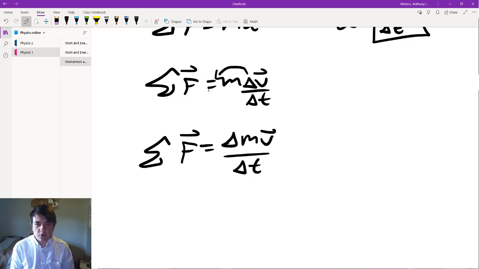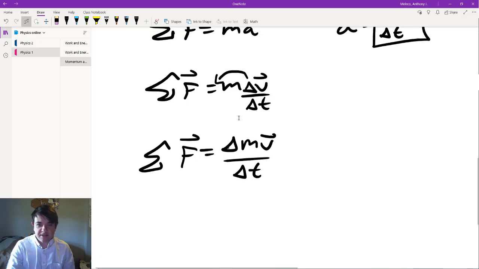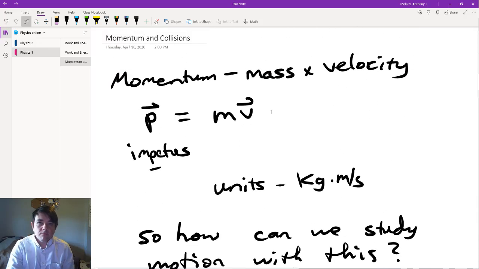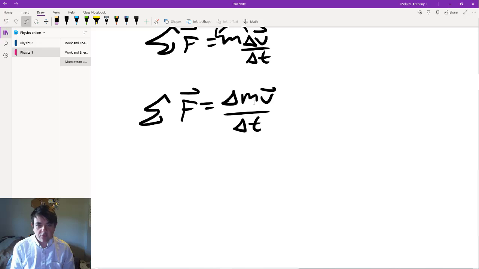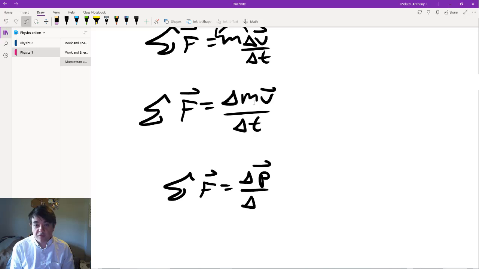So now we have this written, and mass times velocity is literally momentum. So now we can write Newton's second law in terms of momentum.